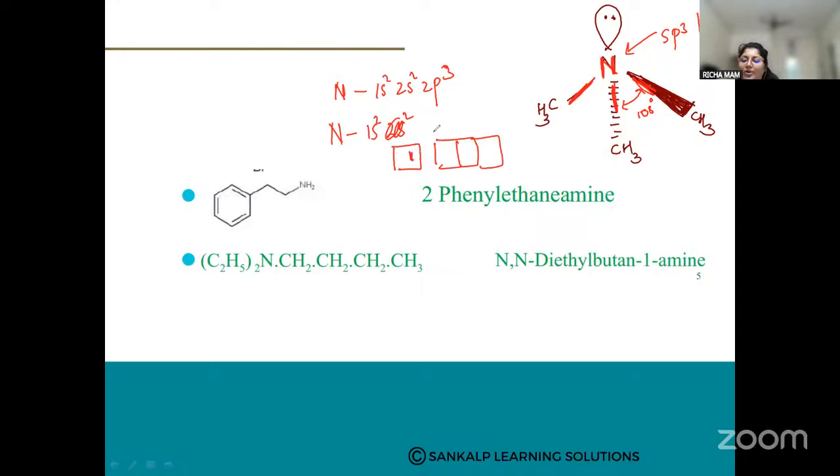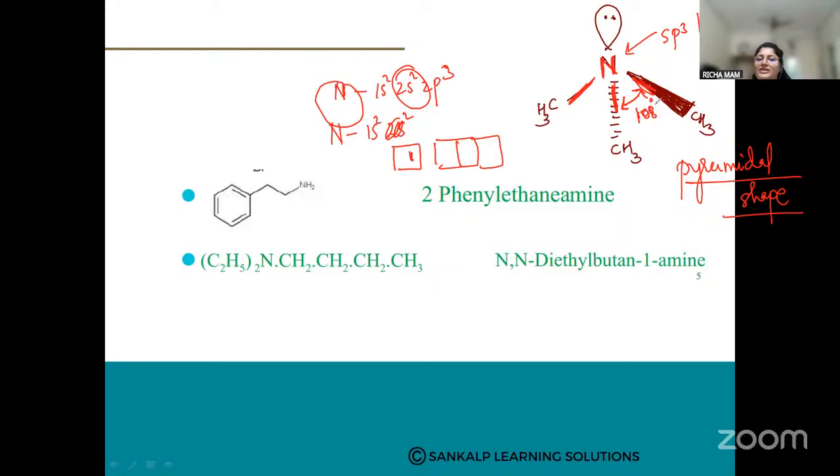And the fourth hybrid orbital contains the lone pair of electrons. And because of this, it has a pyramidal shape, and the bond angle is less than 109.5, that is 108. So this is the structure of your amine.